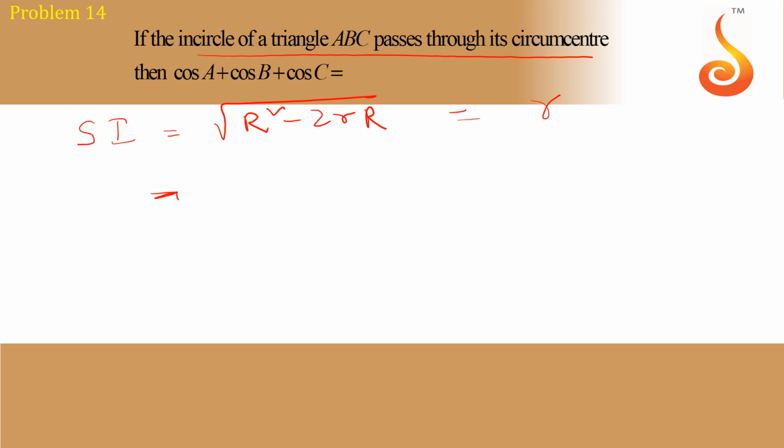So if you square this, R squared minus 2rR is r squared.